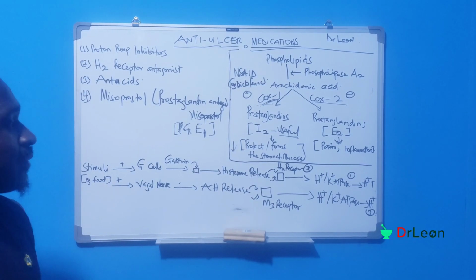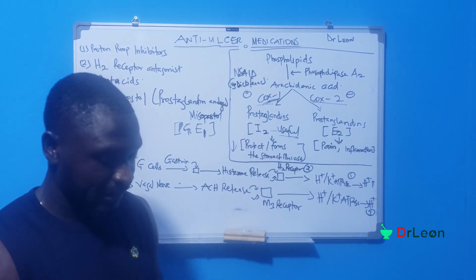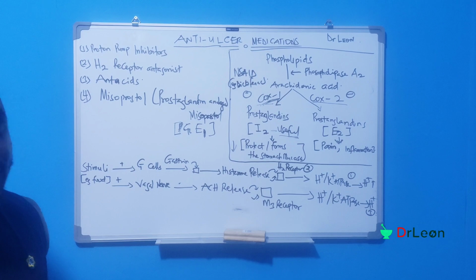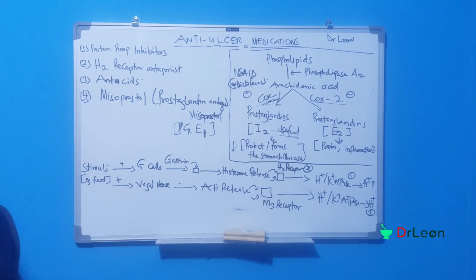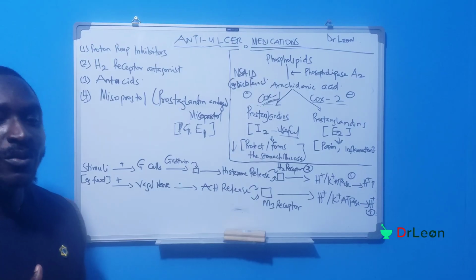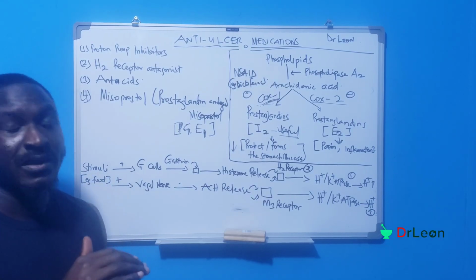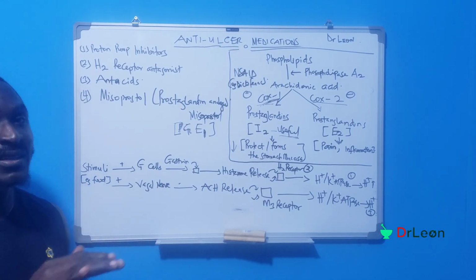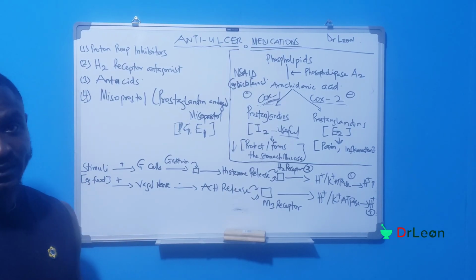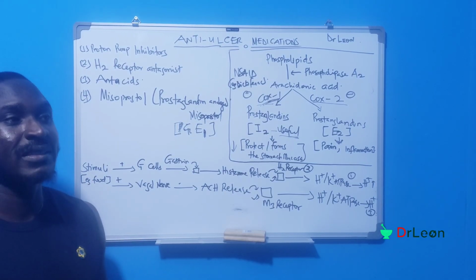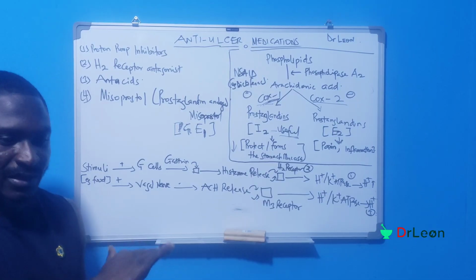And then to the last but not the least class. So this class, they have other roles, but what they basically do is when there is an ulcer, when you're taking these drugs, they form a protective layer over the ulcer. So whether in the stomach or in the duodenum, it's like they cover the ulcer.